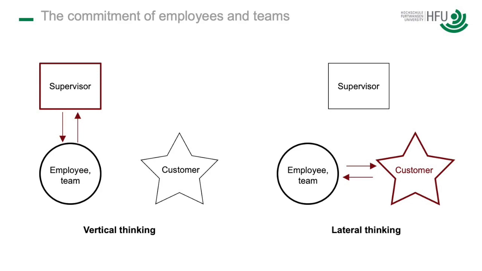Whom should you involve? Who has a clue? Who needs to be involved in this? Think about this and do not ask me. See, I love this. It's horizontal thinking, vertical thinking. So, again, this has a lot of implications for HR.